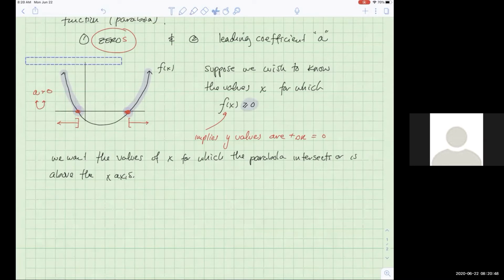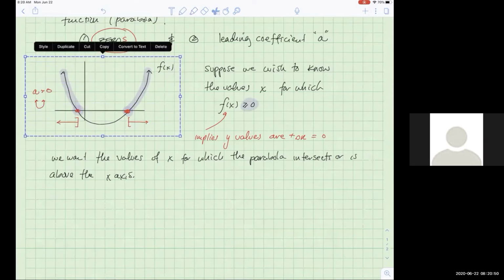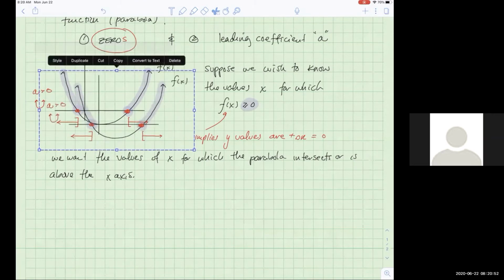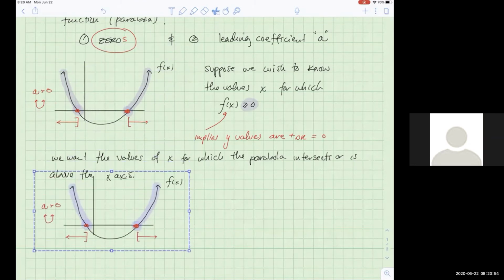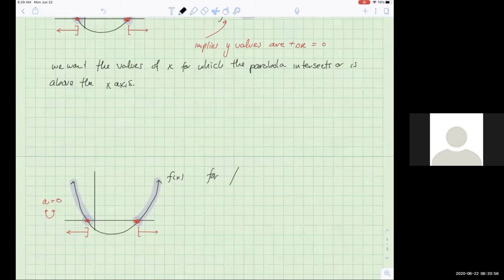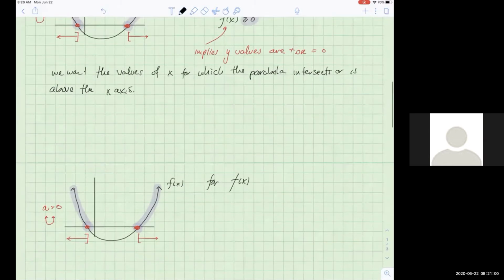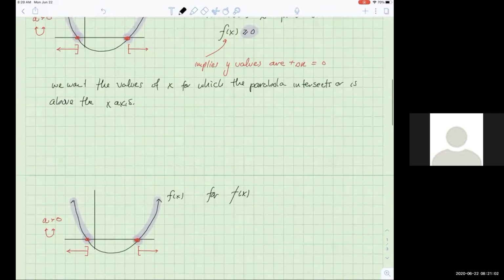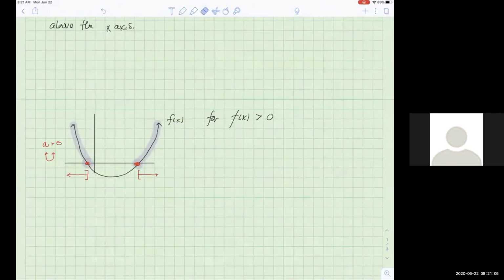If we take a very similar scenario, for f of x not greater than or equal to 0, but just strictly greater than 0, we actually want almost the same thing here.